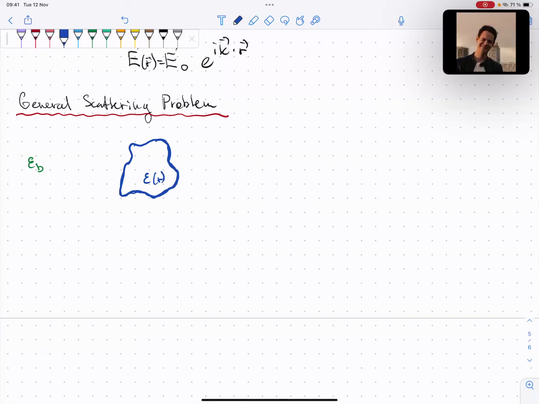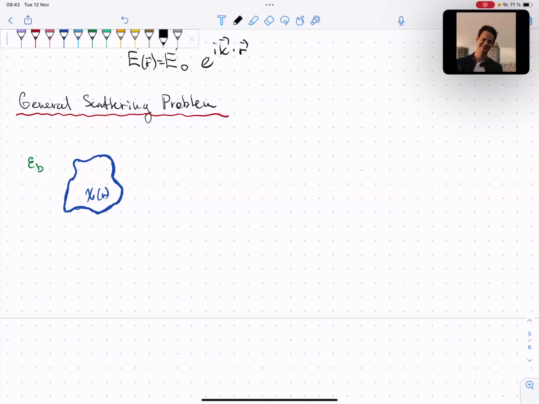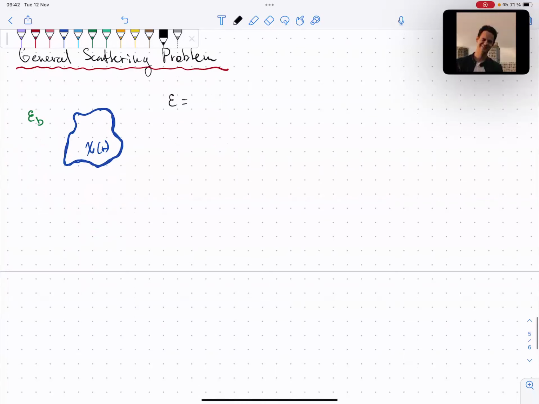So our epsilon function in this case, maybe let me actually write it through susceptibility chi. Just to remind you, the susceptibility, the epsilon is 1 plus 4π chi.